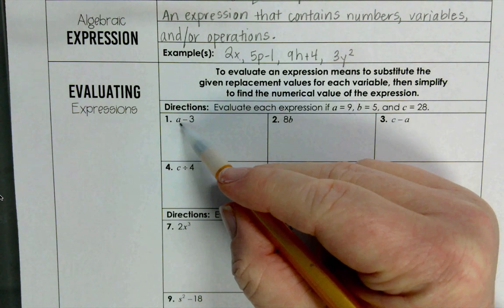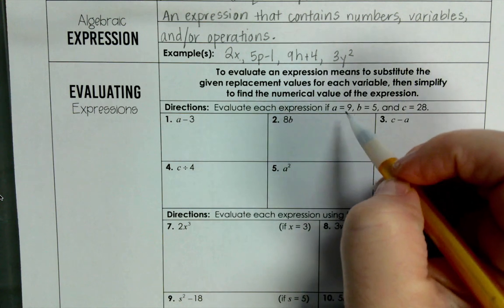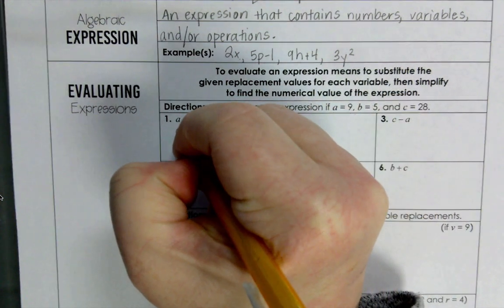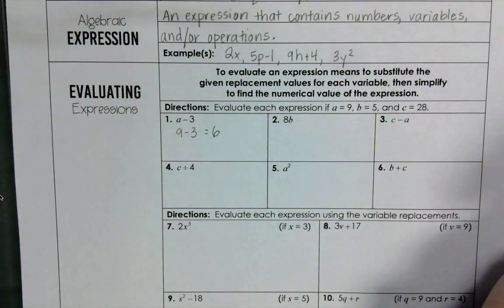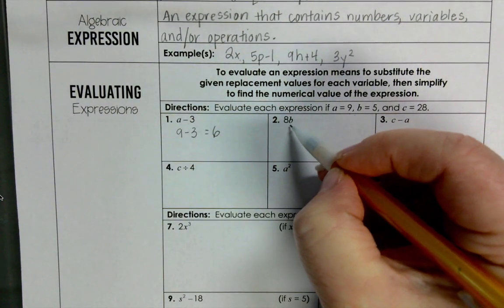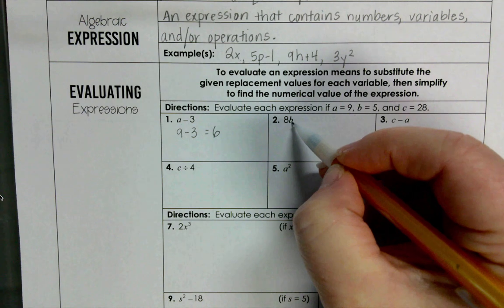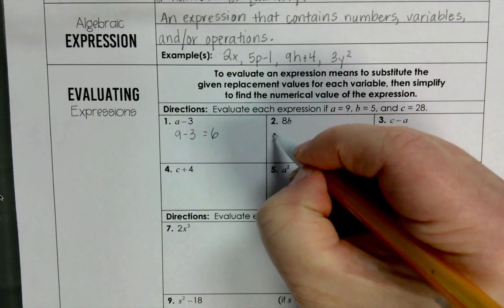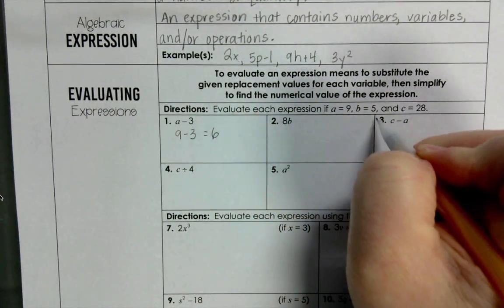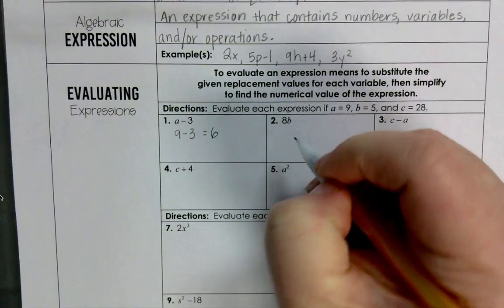Number 1 is A minus 3. Well, A equals 9. So rewrite 9 minus 3, and we have equals 6. Now 8B. Remember, a number next to a variable with no operation means to multiply. B equals 5. I'm going to show you two ways to rewrite this.